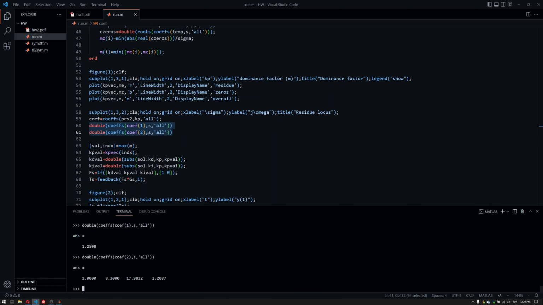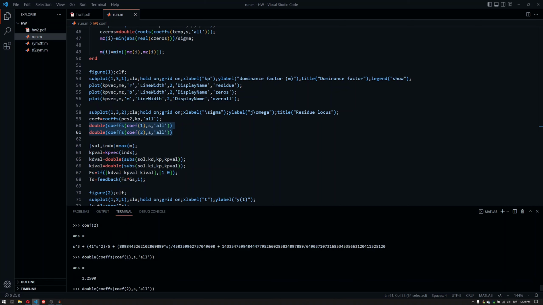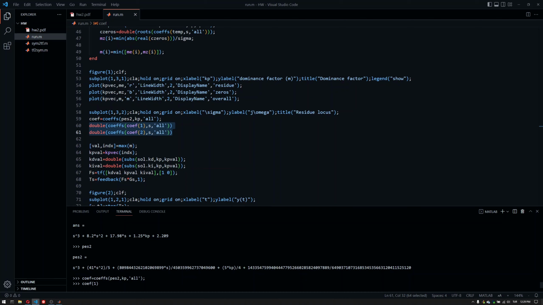Now you can see I have this nice transfer function. Actually, I'm almost about to have it. This is the numerator, 1.25 times kp, and this is basically the denominator that can be verified from here.